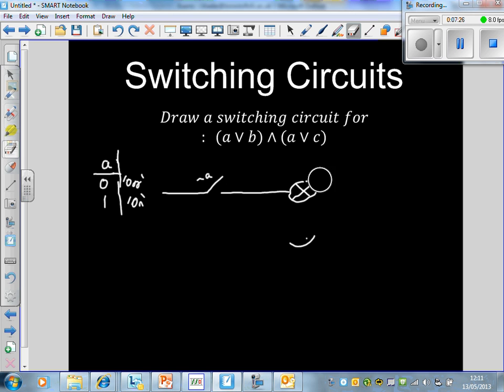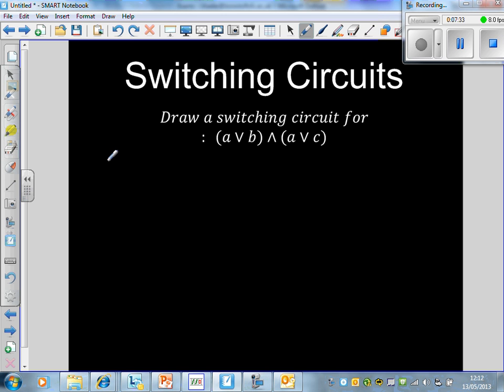Okay, now we can begin to make lots of comparisons with circuits, and these can be written circuits. Now we can write using Boolean algebra. So take for example this one.